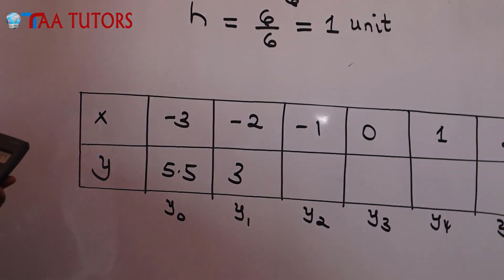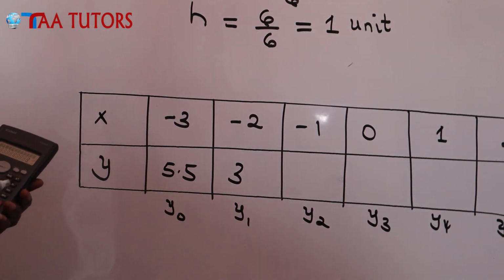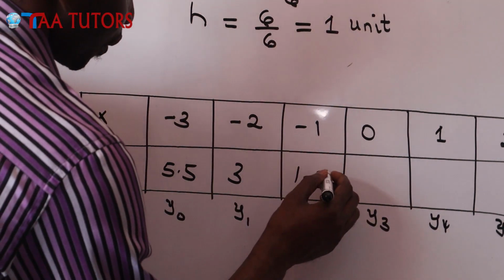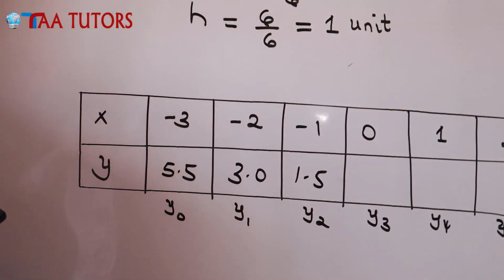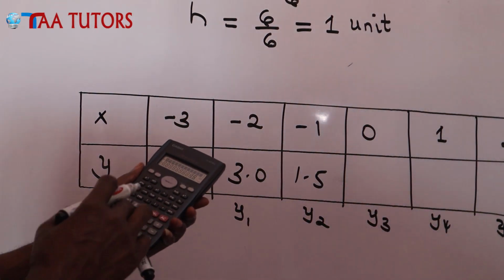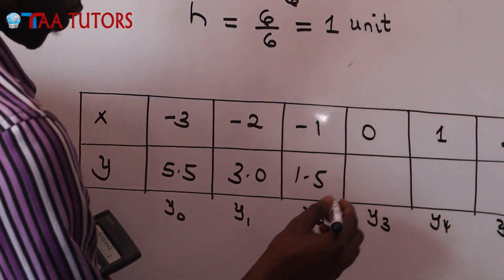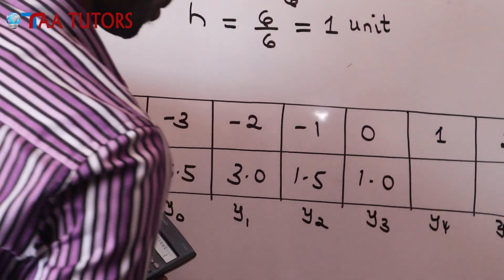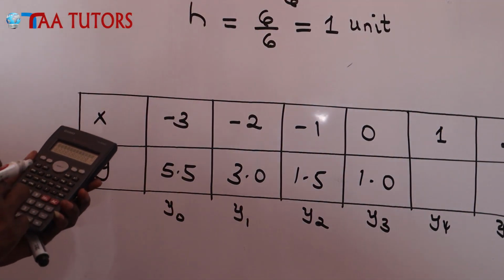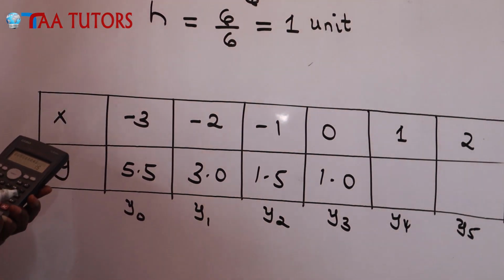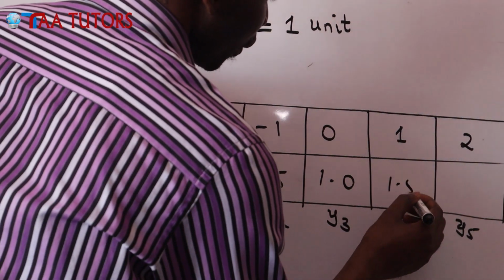Then a half times negative 1 squared plus 1. That is 1.5. Then we are going to have 0, a half into 0 squared plus 1. We'll get 1.0. Then 0.5 or a half into 1 squared plus 1 is 1.5.